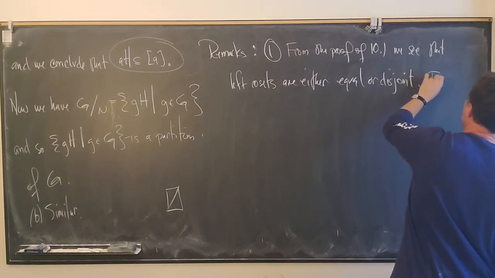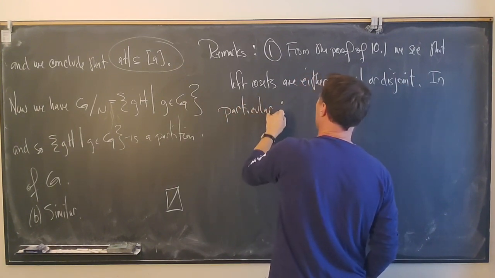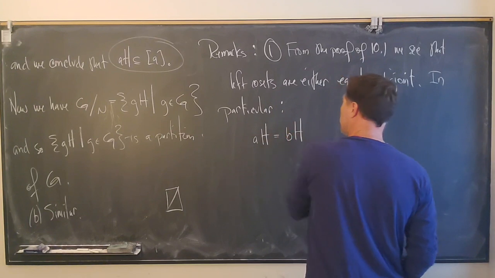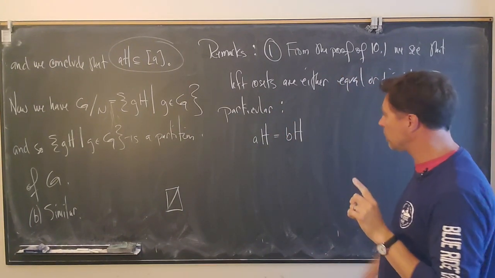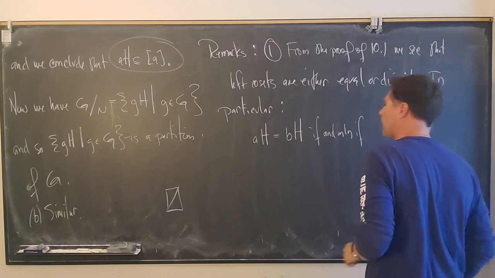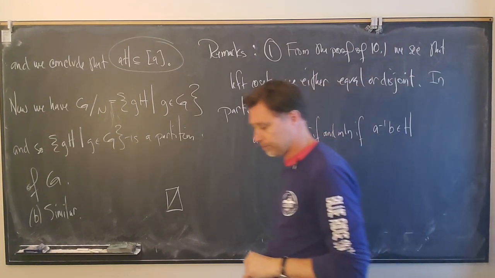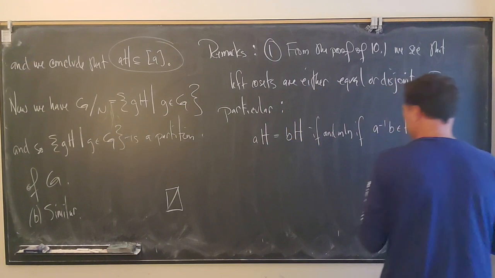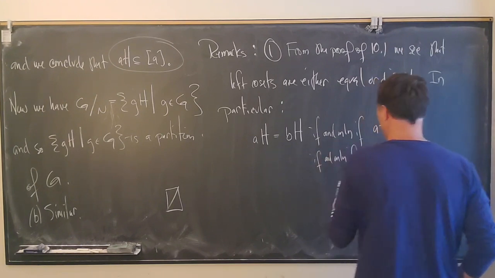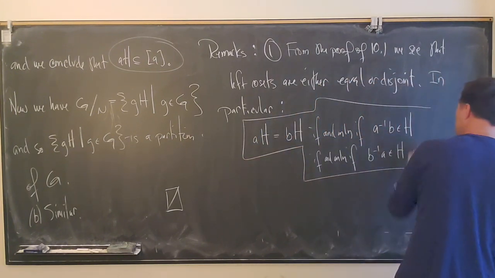In particular, the left coset aH is equal to the left coset bH, remember, they're either equal or disjoint, if and only if a inverse b is an element of capital H. And I could have done it the opposite way: if and only if b inverse a is an element of H.